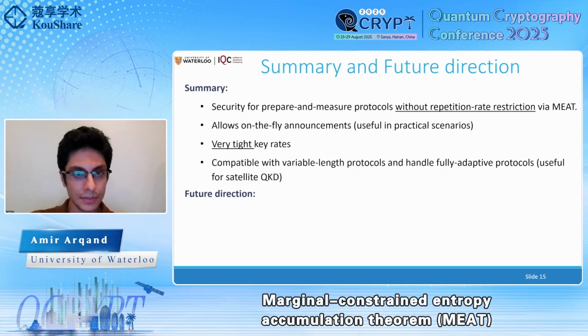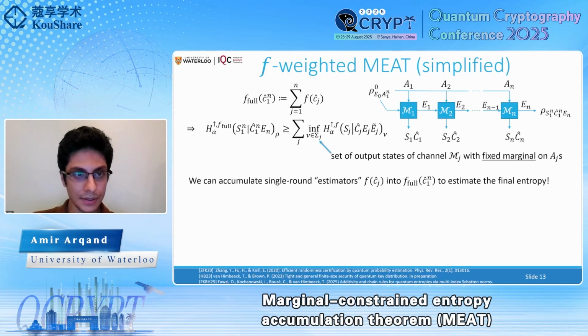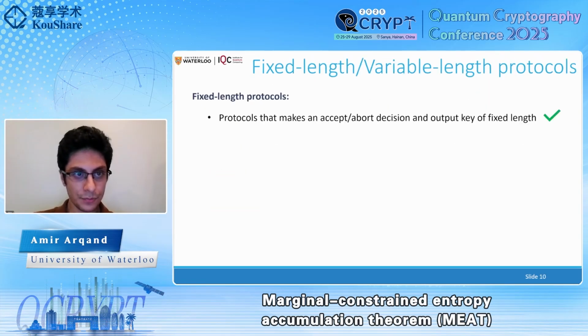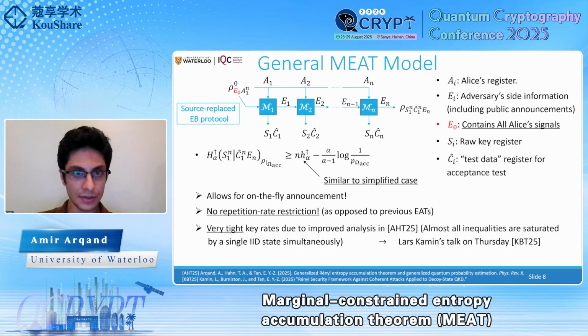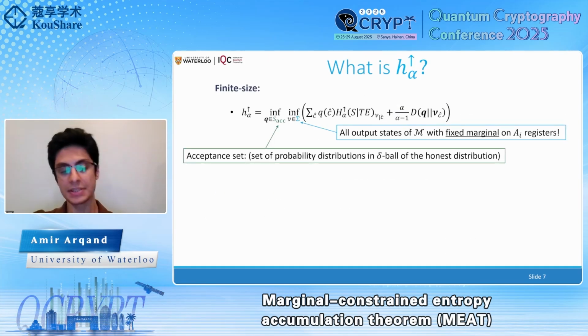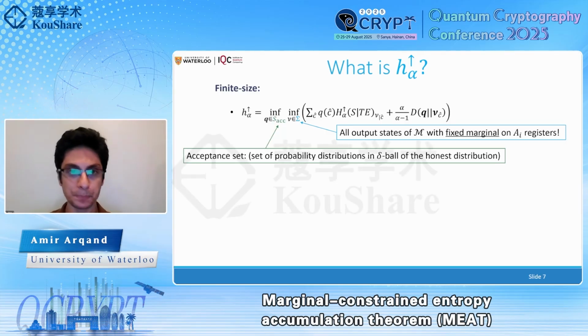Okay, let me see if I have something here. So basically, if you want to evaluate the fixed-length key rate, all you need to evaluate is just this single-round quantity. So this has already been taken care of. There are methods, for example, Large's work introduces one method to evaluate this quantity.